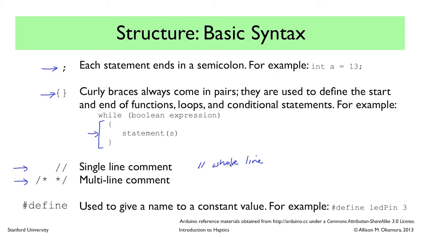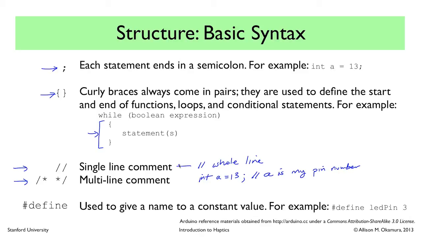You can also comment out just part of a line. So for example, if you have a command like the one above where we say int a equals 13, and you want to describe what a is, then you can put a comment that says a is my PIN number, and everything after the double slash is a comment, and the part in front of the double slash is the code that will run.